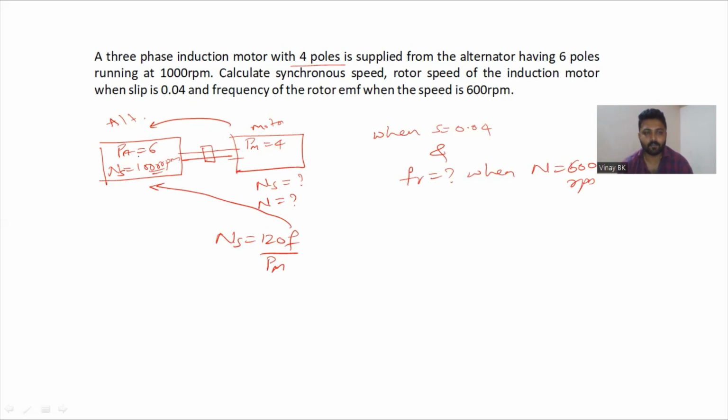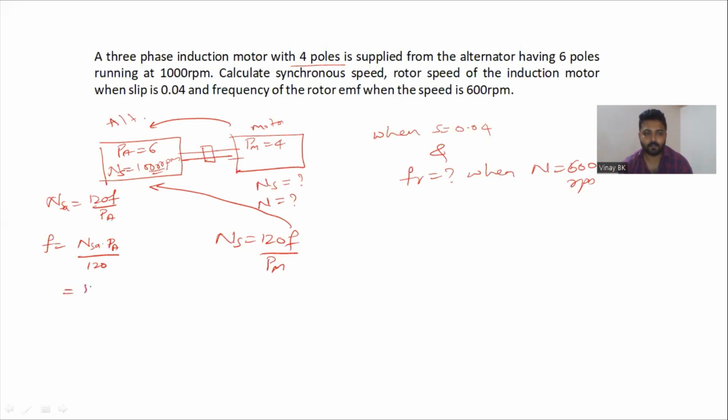So this frequency you need to calculate with the help of the alternator. You know the alternator poles and speed, so Ns for the alternator is given by 120 f divided by PA, so the frequency f is NSA into PA divided by 120.